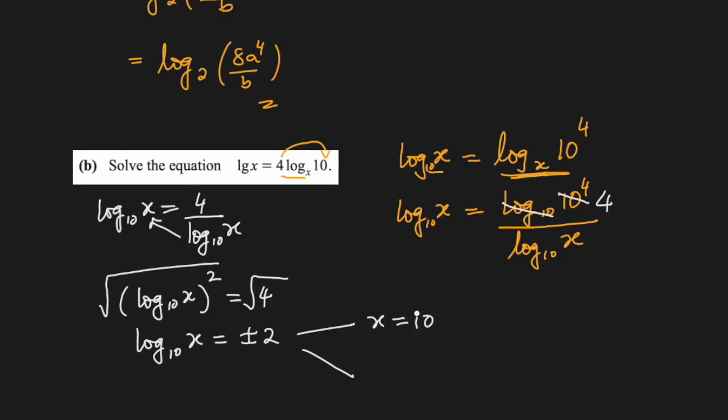So base is 10, so 10 to the power 2, and x is 10 to the power minus 2 also. So this one is 100, this one is 1 over 100. And they did not say anything, so you can write 0.01 also. It's the same thing. So we solved the equation.